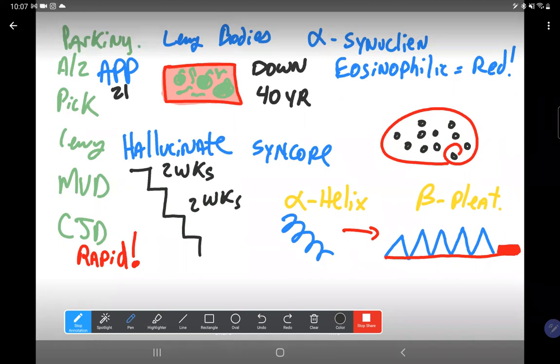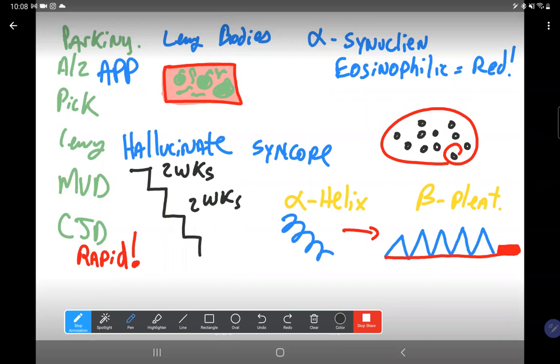All right. What else? What they'll also mention is on Congo red stain, you're going to see apple green birefringence. Apple green birefringence, which just means amyloid. Okay? Just means amyloid. Got it?